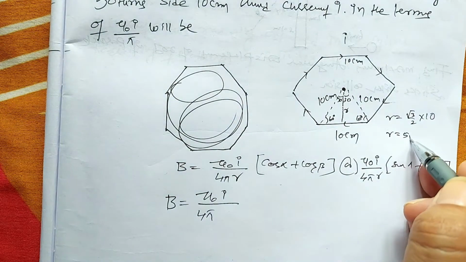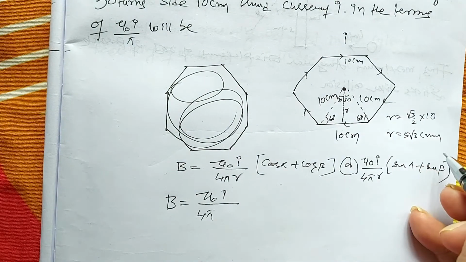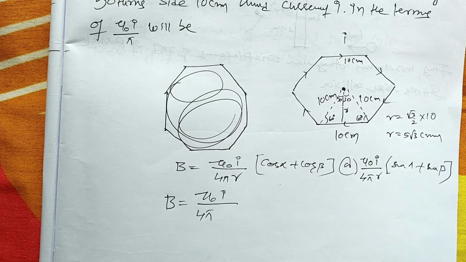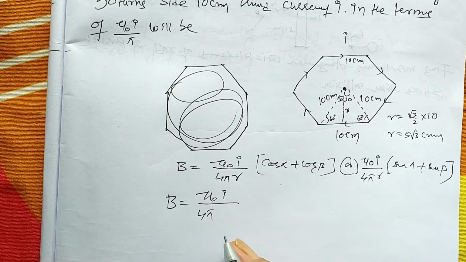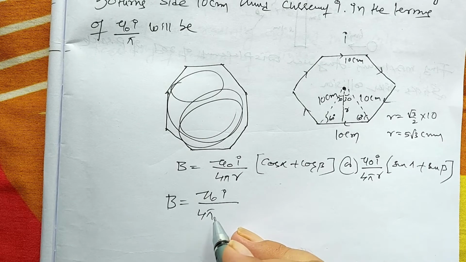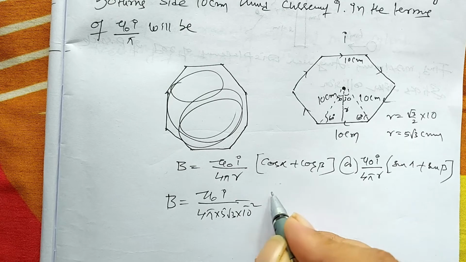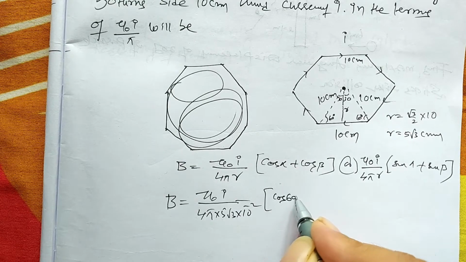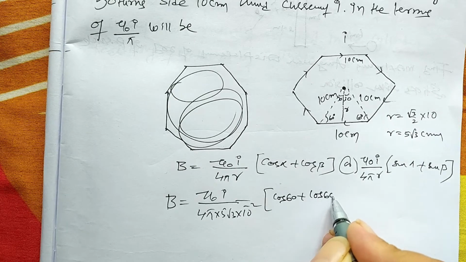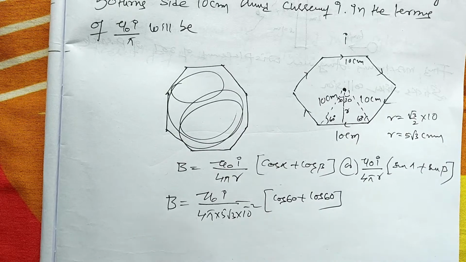R is equal to 5 root 3 centimeters. Now 4 pi into r is 5 root 3 into 10 to the power of minus 2, cos 60 plus cos 60.